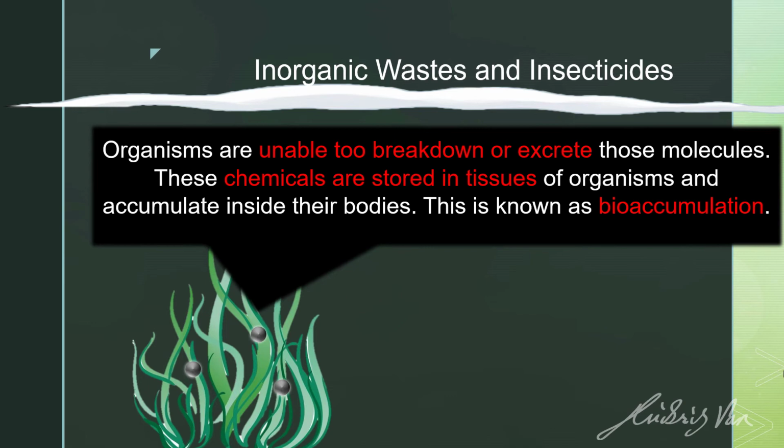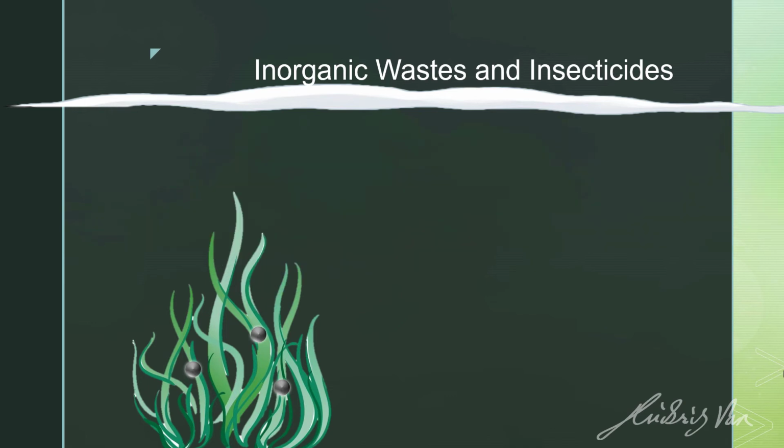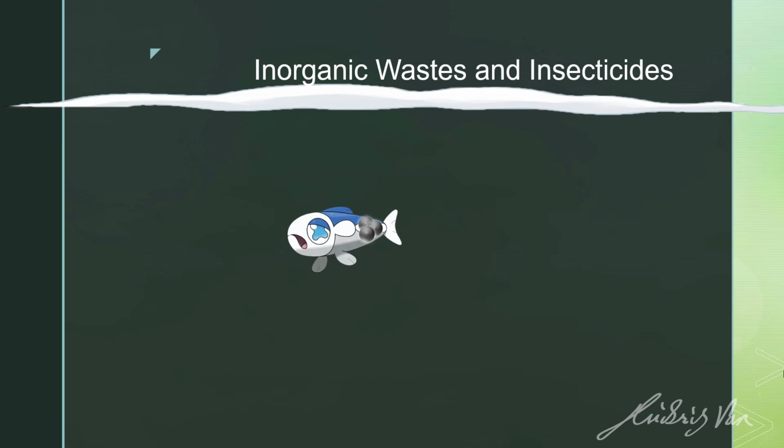Because the chemical cannot be excreted, it accumulates inside their body, and this is known as bioaccumulation. What happens next is small fishes will go and eat the plants and will inherit those chemicals. But of course, fishes will not just eat one plant.